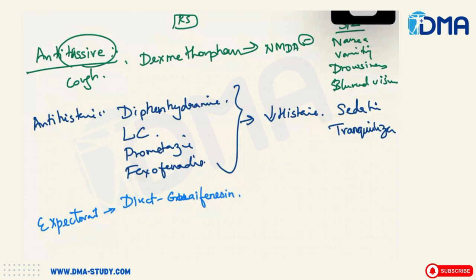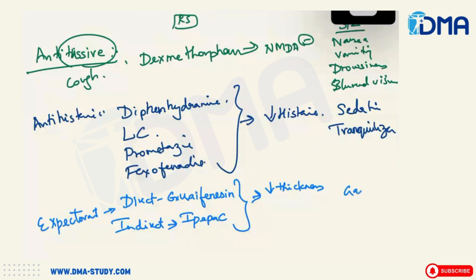That is enough. And the indirectly acting ones include the ipecac, sodium ammonium salts. Both of these decrease the thickness of the secretion, thereby helping the content come out. The problem with expectorants is that they cause gastric irritation.